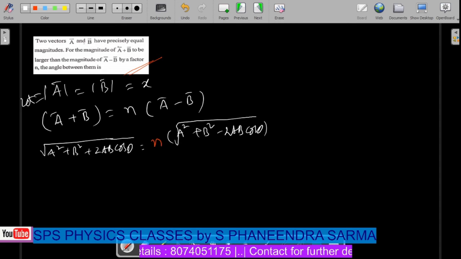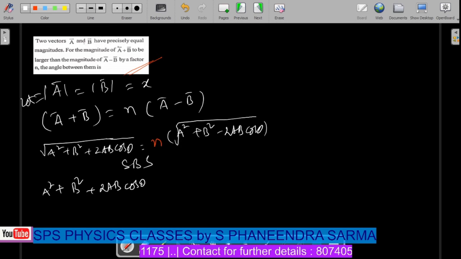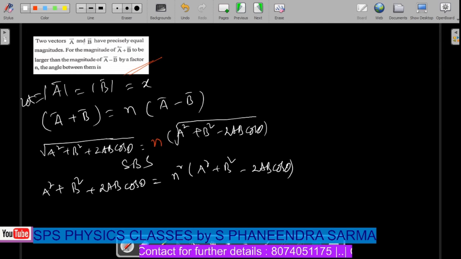Now upon squaring on both sides, so root and square get cancelled. We have the relation a square plus b square plus 2ab cos theta is equal to n square of a square plus b square minus 2ab cos theta. Now since a and b have precisely equal magnitudes, substitute all x's here, x square, x square, x square, all terms are common and cancel each other.